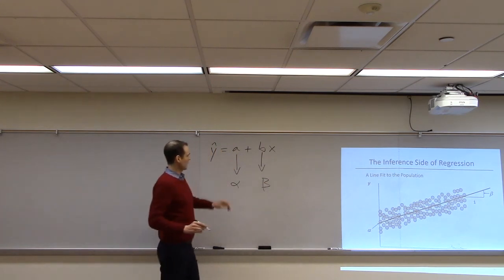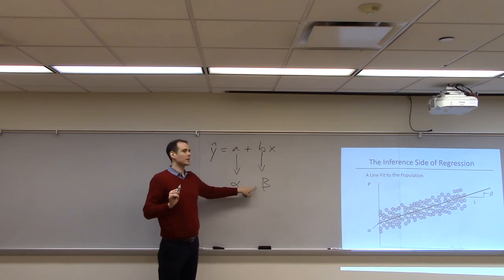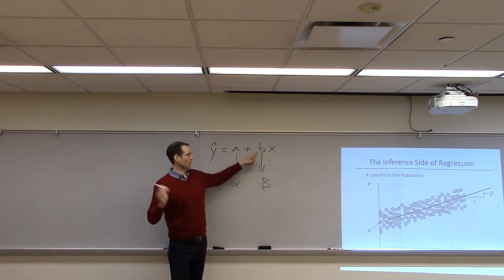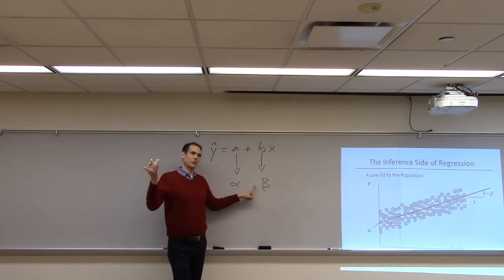All right, and for our slope, the little b is our sample slope. We want to know if we had every single statistics student ever measure their grade, measure the hours they spend, what would the slope be for the whole population? So we go from lowercase b to Greek letter beta. That must mean something bigger and better, right?